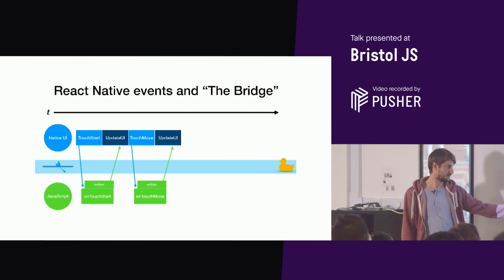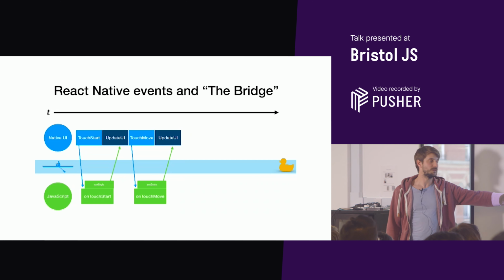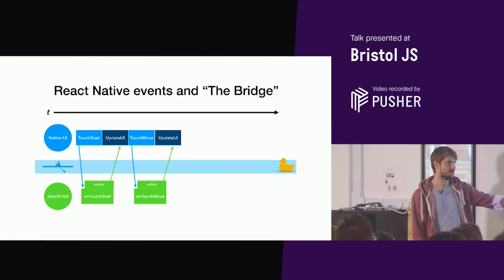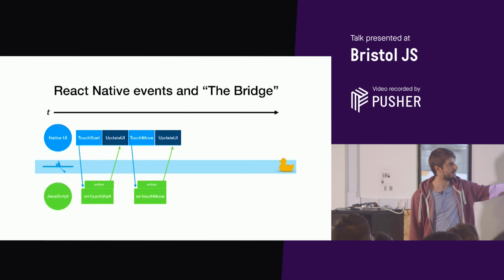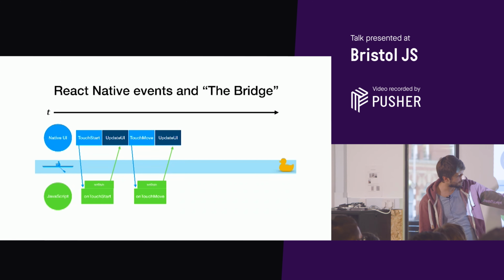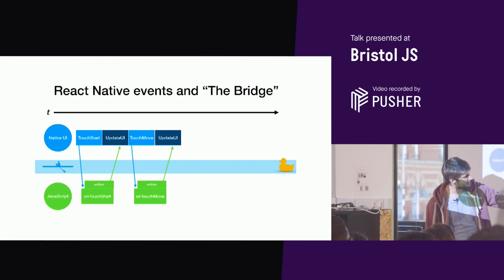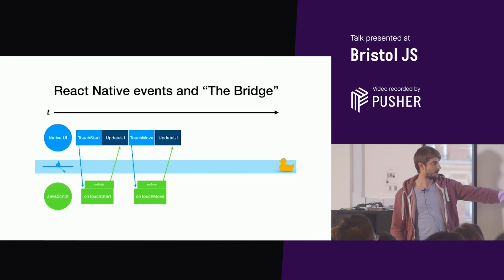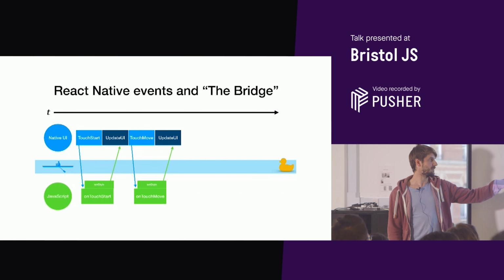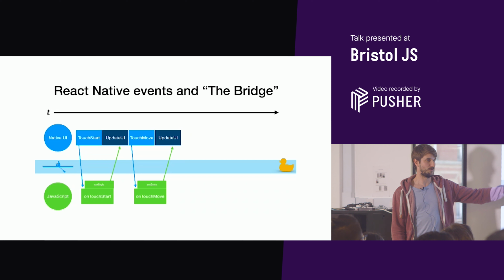You handle it in JavaScript, and you do something to set the style or set some state, which ultimately sets some style, and that goes back over the bridge to update the UI. Then you move your finger like 1 pixel, and it comes back over again, and then it does a set style, and it updates the UI. Every time something goes over the bridge, it has to be serialized and unserialized on either side.